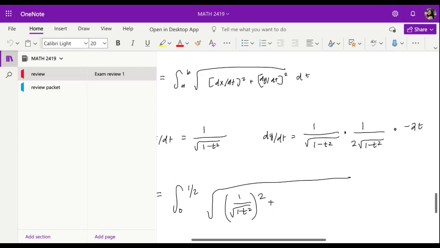If we simplify our dy/dt and multiply it all out, our square roots will cancel out, and we will end up with negative t over 1 minus t squared. So we can plug that in instead of having our entire dy/dt. So plug in negative t over 1 minus t squared, all squared, dt.